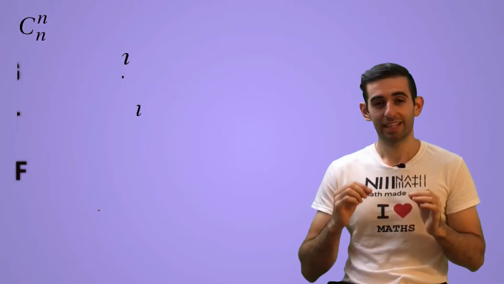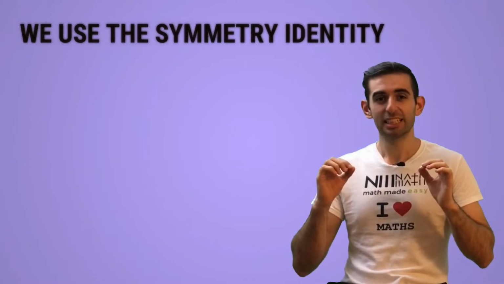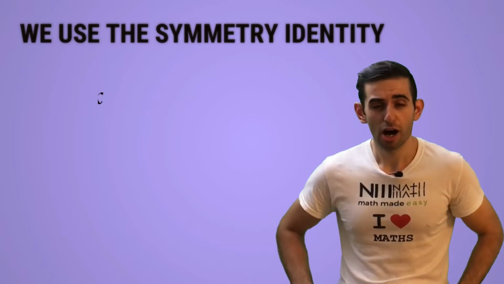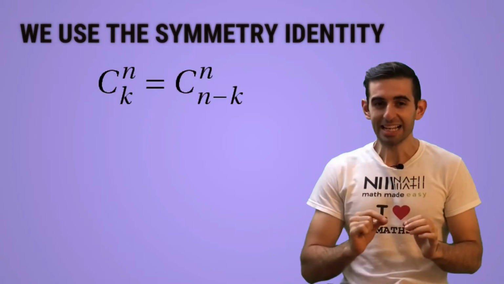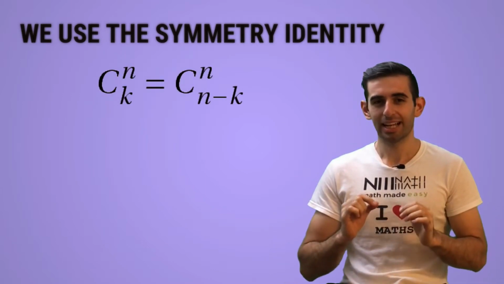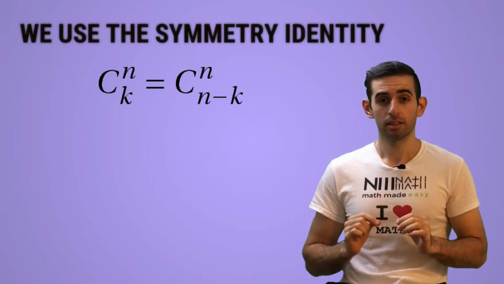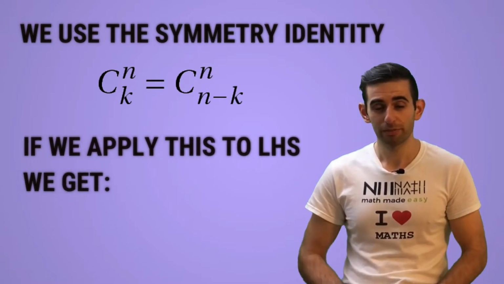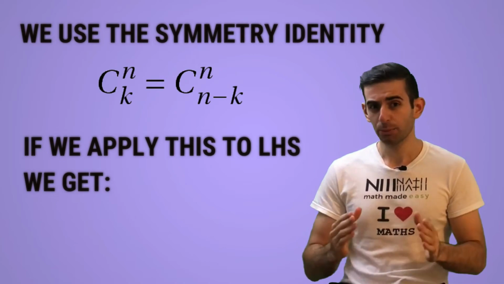So here's the trick that they love to use, and it's the symmetry of coefficients identity: nCk equals nC(n-k). Right, because coefficients on either end of the binomial theorem are equal.